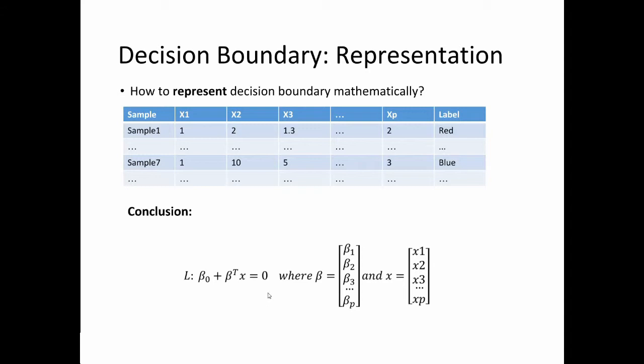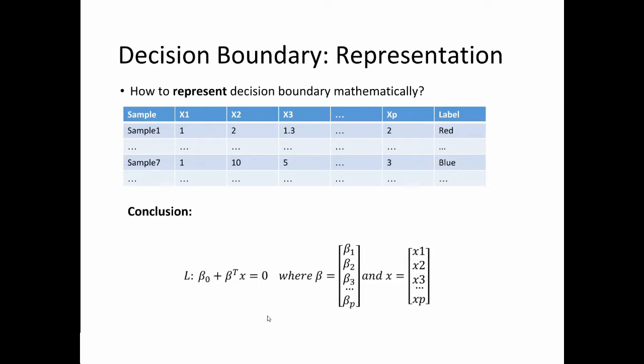That's the reason why we want to keep everything in vector form, because it's so succinct and convenient to express this whole thing in a single form, even if we have a very different number of features. So now we know how to represent the decision boundary mathematically, and very interestingly, it is always in this very concise form. We are one step closer to finding the best decision boundary.